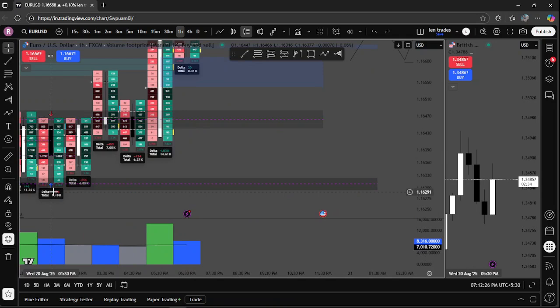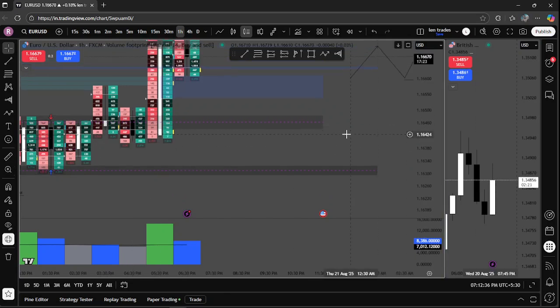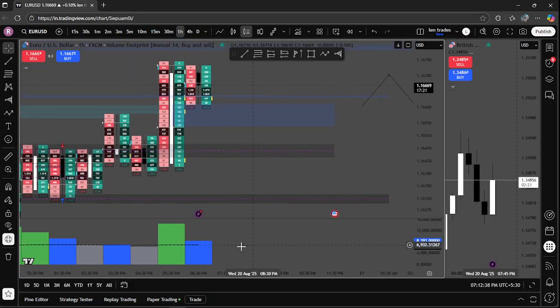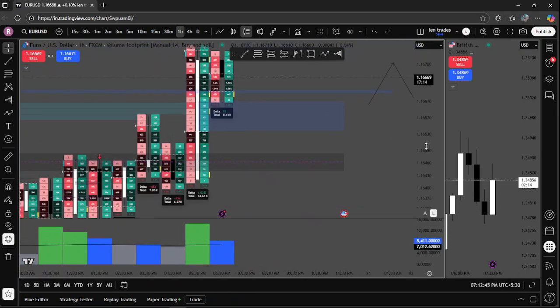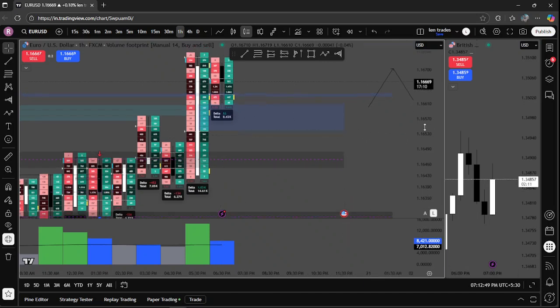Look at this: minus 463, 265, 455, 143, 134. All of a sudden we get a 1.3k positive delta. That means inside this heavy volume, most of them were buyers, and this light color shows that buyers were easily able to break through this level.